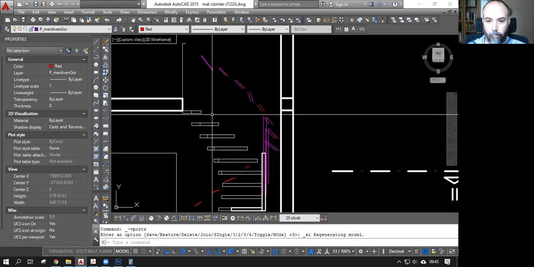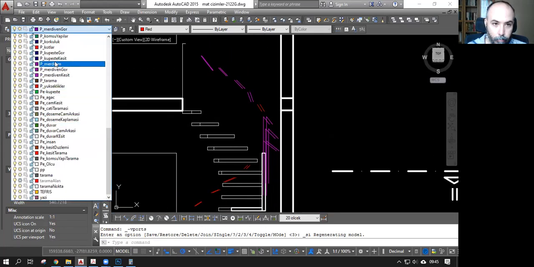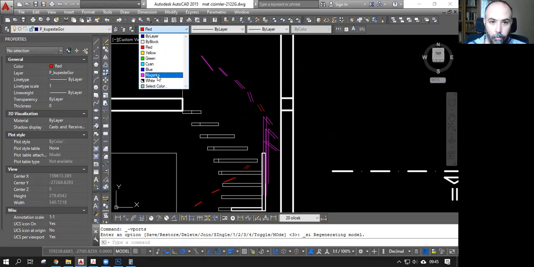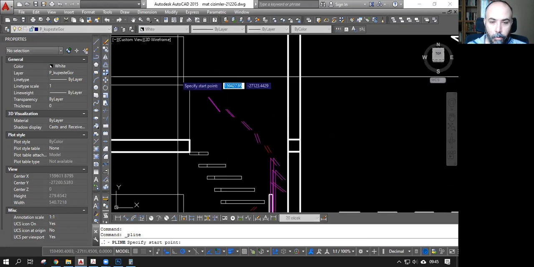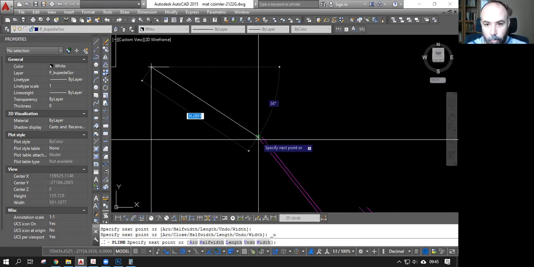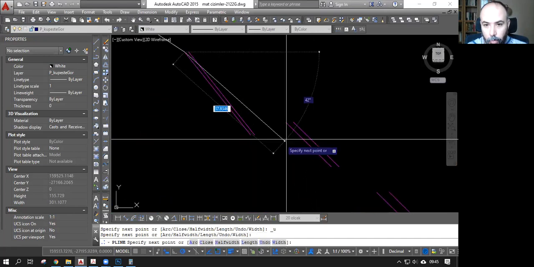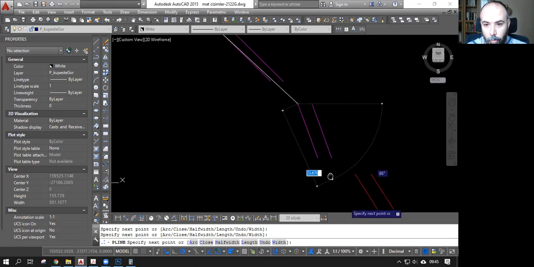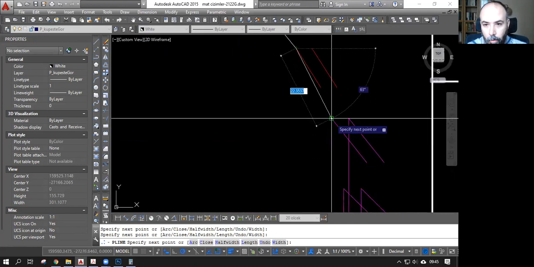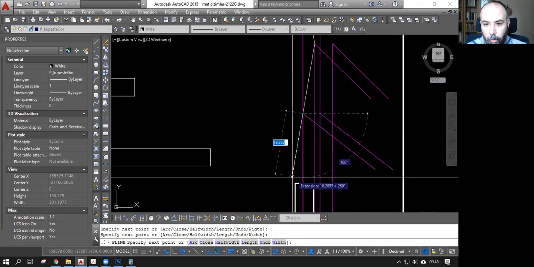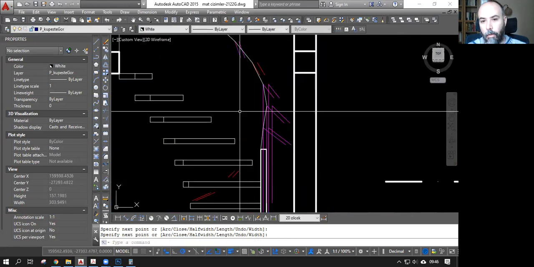Here, I will do that now. This is how I'm going to do it. I will just combine the inner points one by one, and that's it.